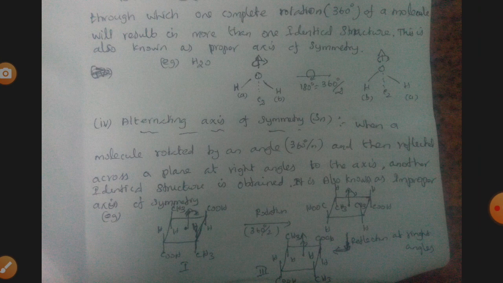So I can simply say it is rotation followed by a reflection. The symbol means rotation followed by a reflection. So one rotation, one structure is found, then one reflection at right angles to the rotating axis.